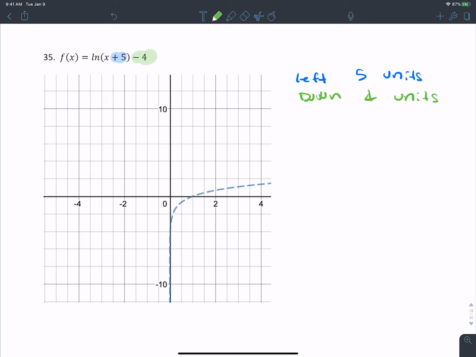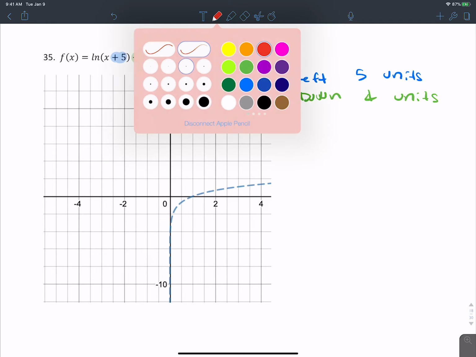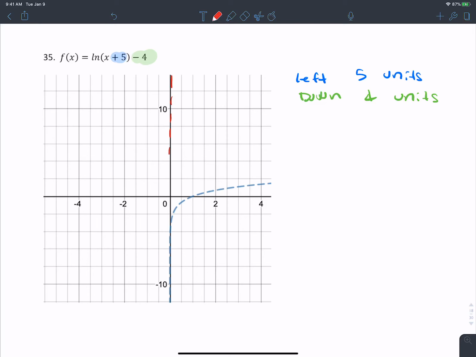So I'm going to move every point to the left 5 units, but down 4 units. That's really moving my asymptotes, or I should say my axes. And it is moving the asymptote because the y-axis here is an asymptote. That gets moved to the left 5 units. So let's take a look at how that looks.